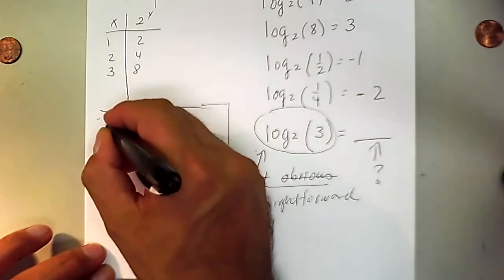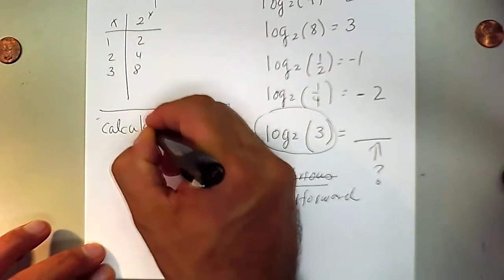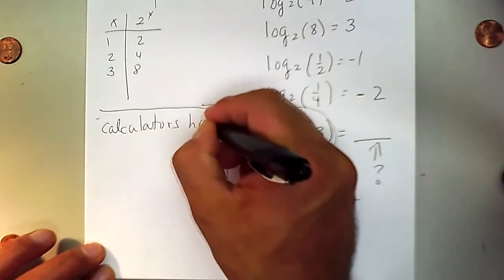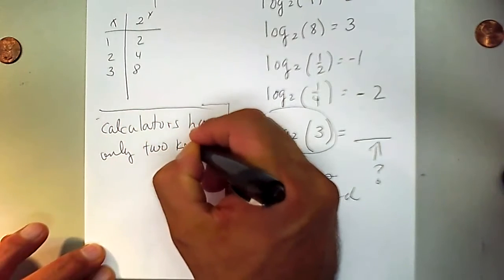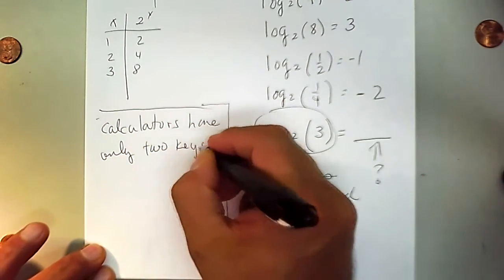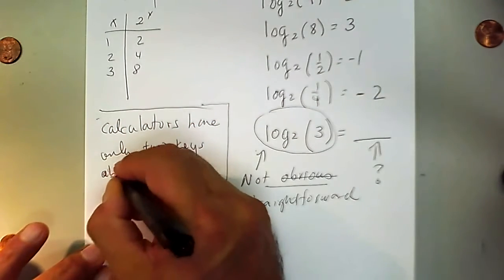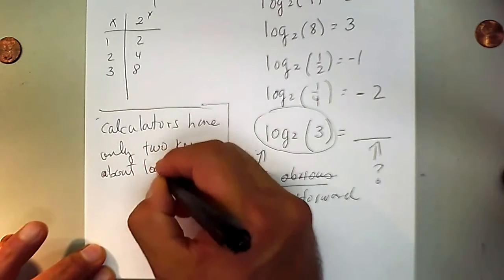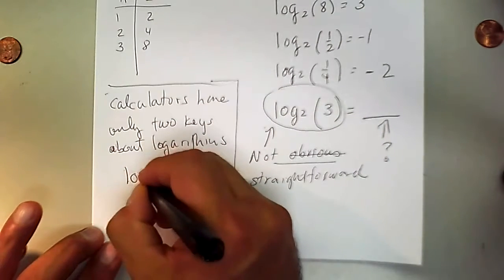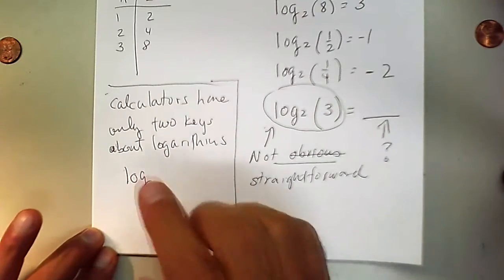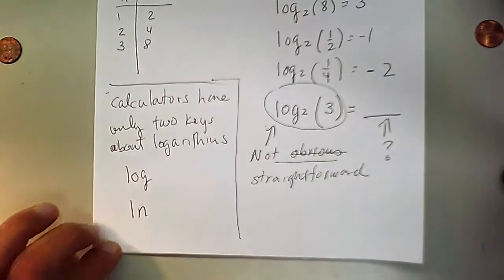Anyway, oh, the calculators have only two logarithm keys. They have log without a base, no base, and then ln.